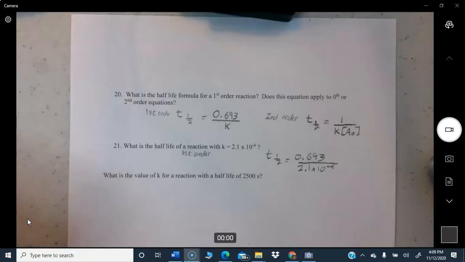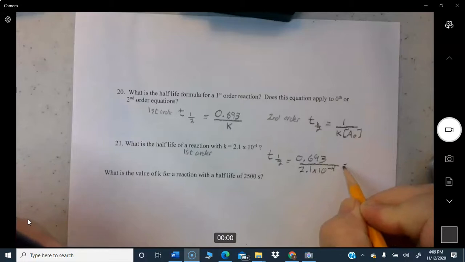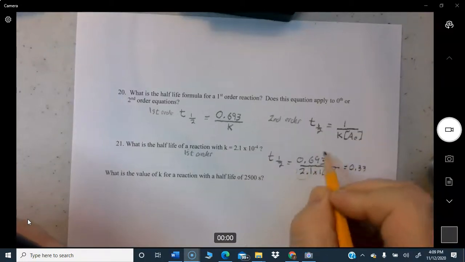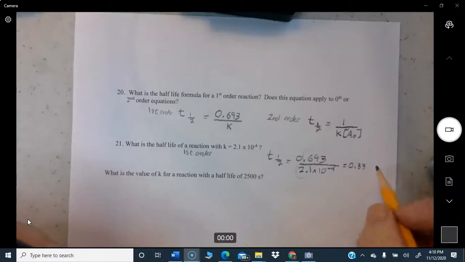So remember your scientific notation principles here. It's going to be 0.693 divided by 2.1, okay, is going to give us 0.33. That's just for the coefficients in this number. And you have 10 to the minus 4 on the bottom. That means you can bring that up to the top and make it 10 to the positive 4.